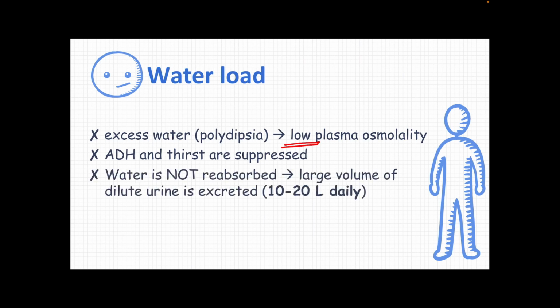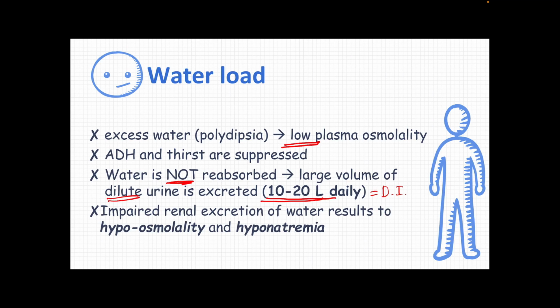As a result, water is not reabsorbed. Water will be excreted and a large volume of dilute urine is excreted daily, around 10 to 20 liters. This is also seen in diabetes insipidus. And also, take note that impaired renal excretion of water will result in hypoosmolality and of course, low sodium level in the blood.